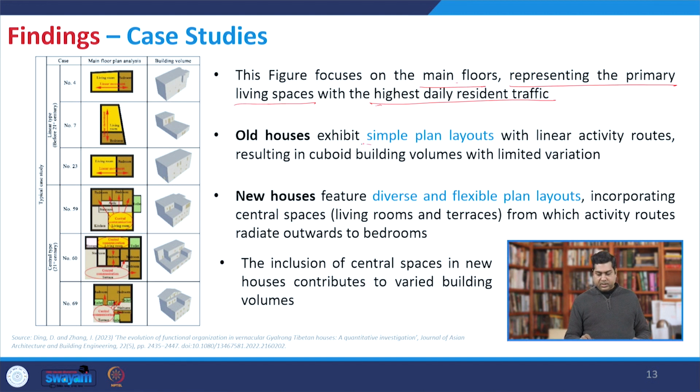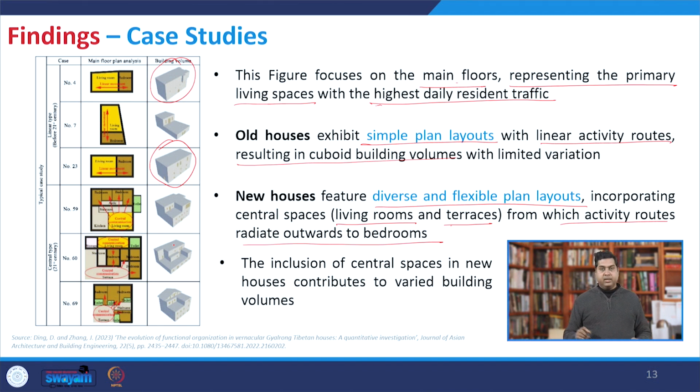Old houses exhibit simple plan layouts with linear activity routes resulting in a cuboid building volume. So this kind of volume, you can say. The new houses feature diverse and flexible plan layouts incorporating a central space like a living room or terraces, from which activity routes radiate outwards to the bedrooms.